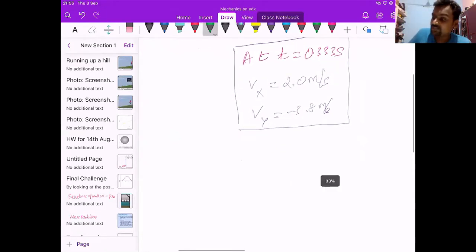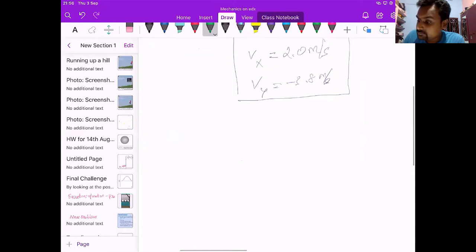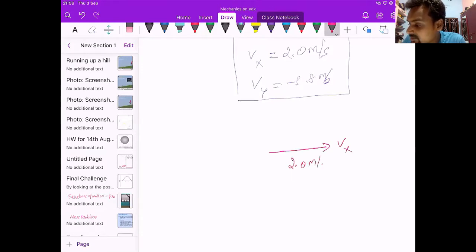Now, using these two velocities, how do I find the resultant velocity? To find the resultant velocity, we'll have to draw a vector diagram, which has to be drawn to scale. However, I'm not going to do that here. I'm just going to take a line across the x-axis to represent Vx to be 2.0 meter per second. You can take the scale to be 1 centimeter equal to 1 meter per second. Correct?